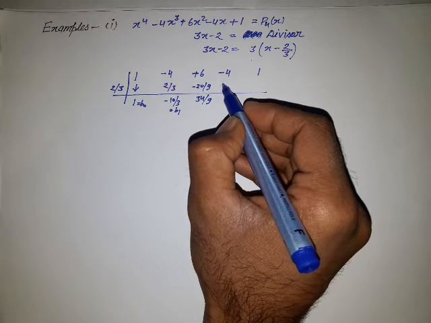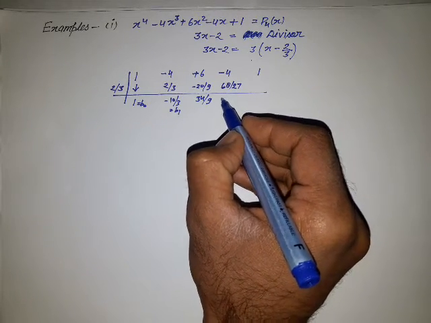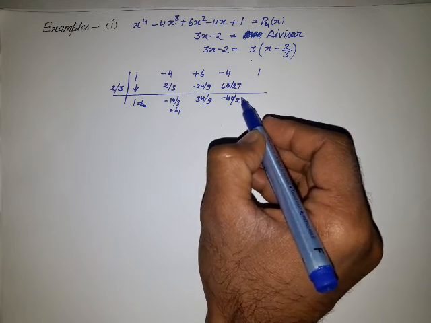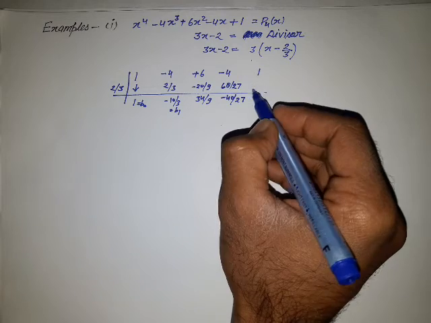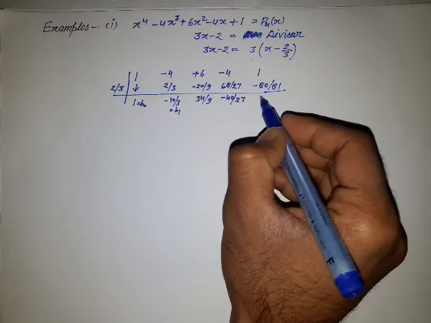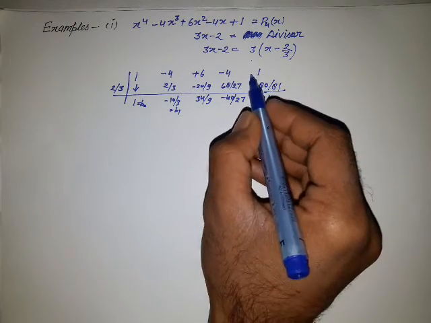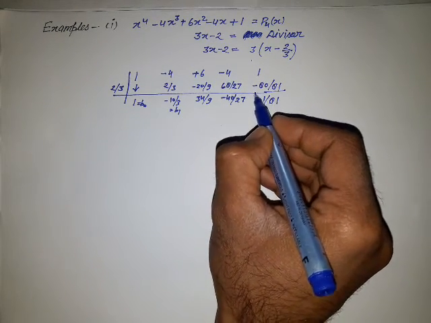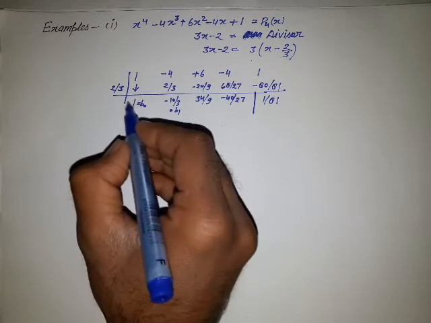Now again we continue, and adding this term, we get 1 by 81, and this term looks like our remainder. How? I will tell you.